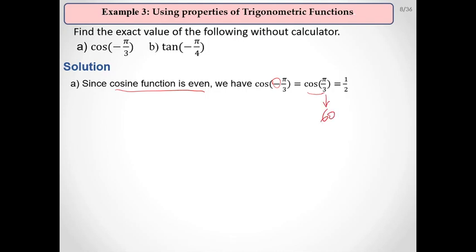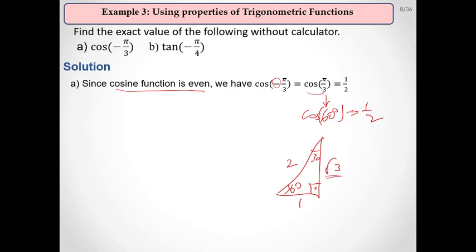And pi over 3 is 60 degrees and cosine 60 is 1 over 2. And if you don't remember this, I would suggest you draw this 30-60 triangle and write here 1, 2, square root 3. Here, be careful.